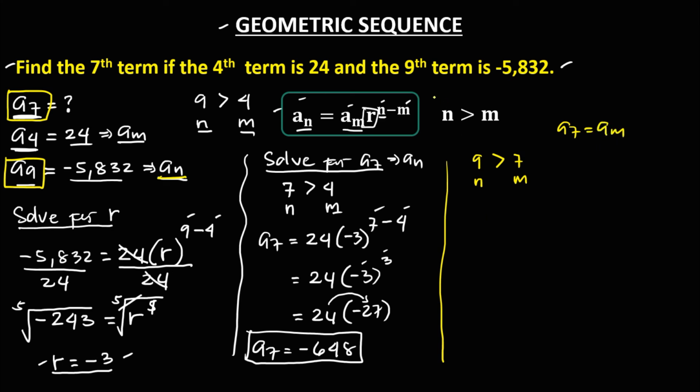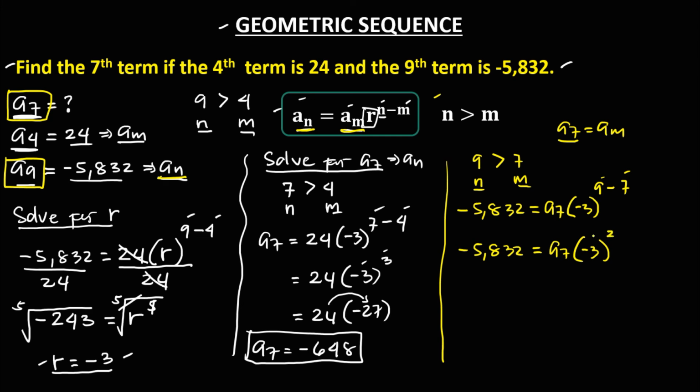Using the formula, a sub 9, negative 5,832, equals a sub 7 times the common ratio, negative 3, to the power n, 9, minus m, 7. Then we have negative 5,832 equals a sub 7 times negative 3 to the power 2.